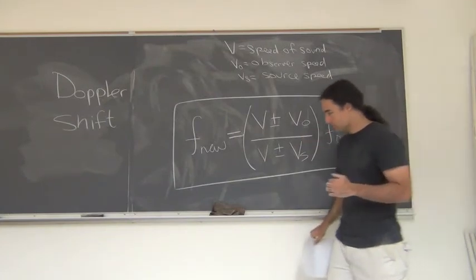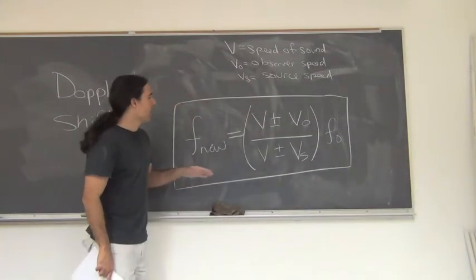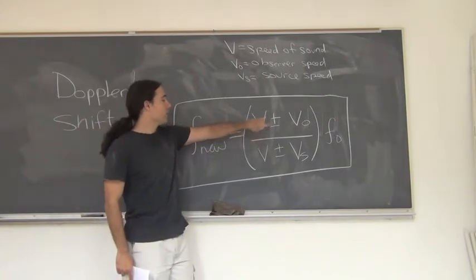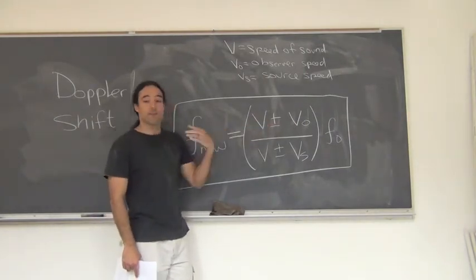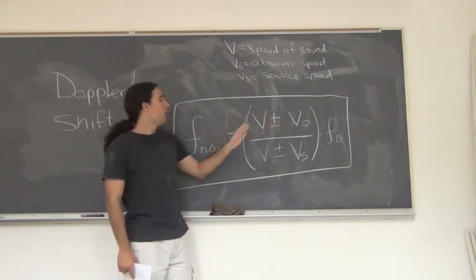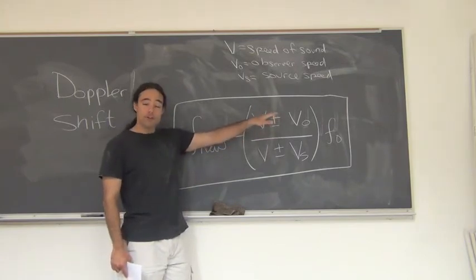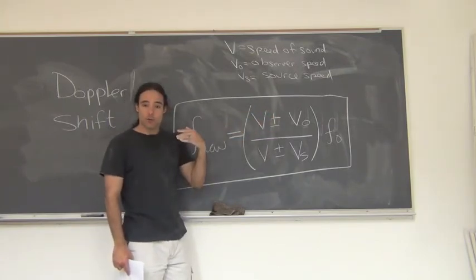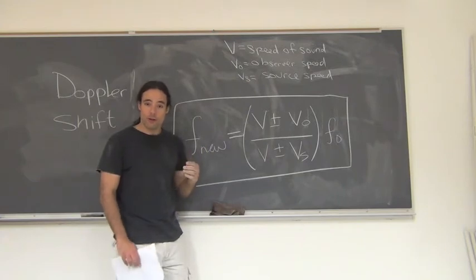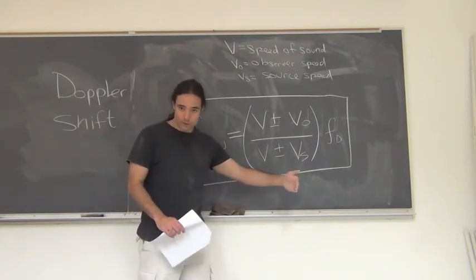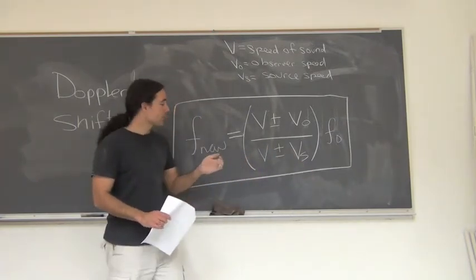Let's see how this works. I've got the velocity of sound, plus or minus the velocity of the observer. So, the plus or minus I am going to determine based on whether the observer is moving toward the source of the sound or away from it.